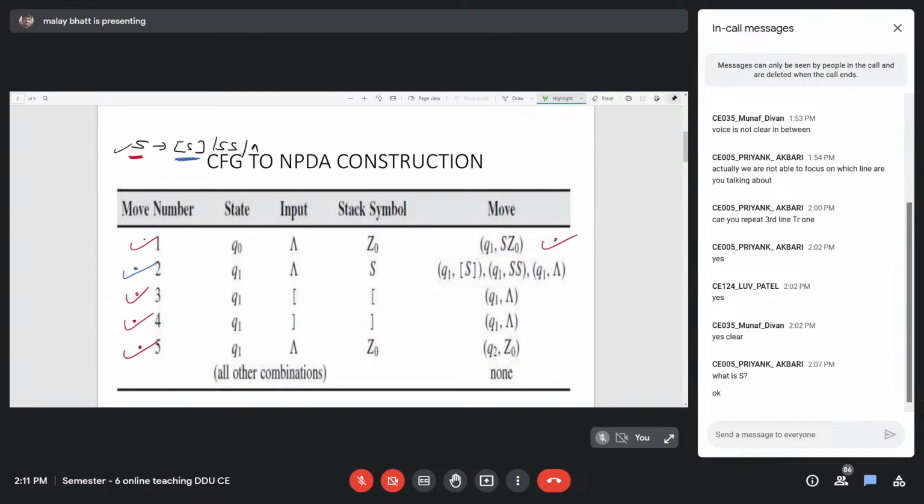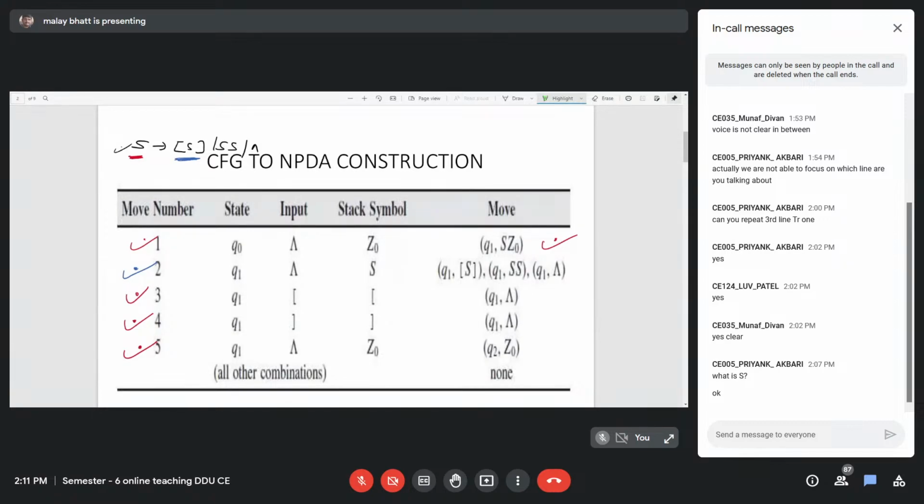Now we have three alternatives: within bracket S, within bracket SS, and null.